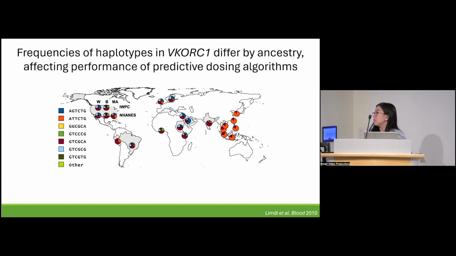This really highlights some of the limitations in our current studies of pharmacogenetics, where we need to be able to study diverse populations and extend the findings so that they can be impactful for all populations.